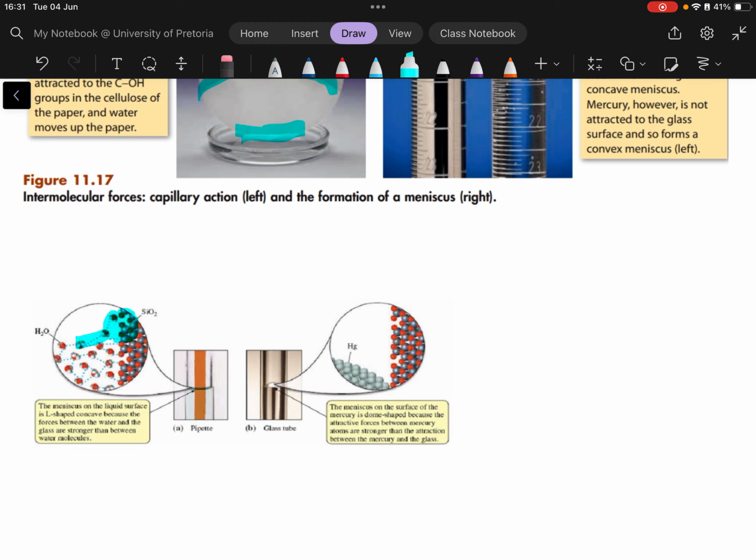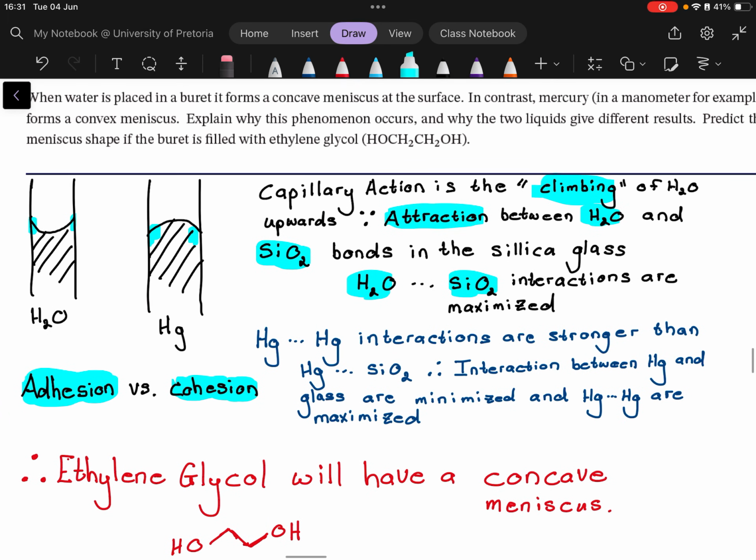They really want to occur between SiO2 and H2O, and they cause this spreading out, this climbing of the water. Whereas in mercury, what is prioritized is the mercury-mercury interaction. Mercury-mercury interactions are maximized, and the interactions between mercury and glass, or mercury and the silicon oxide, are minimized, and that's why you get the convex meniscus.